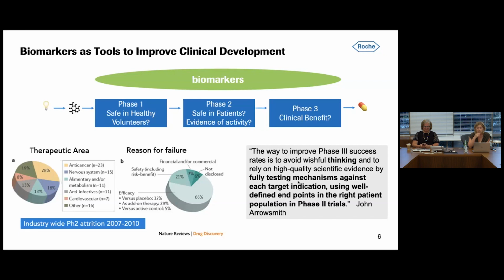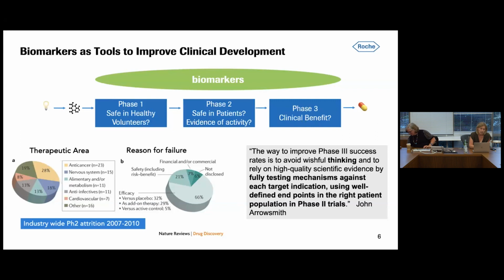When people do retrospective analysis, and this is not even the most recent one, this is from a couple of years ago, one of the key reasons for failures in phase 3 is summed up in this quote from these authors: the way to improve phase 3 success rates is to avoid wishful thinking and to rely on high quality scientific evidence by fully testing the mechanism against each target indication, using well-defined endpoints and in the right patient populations in phase 2 trials.